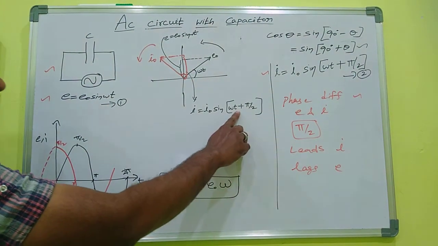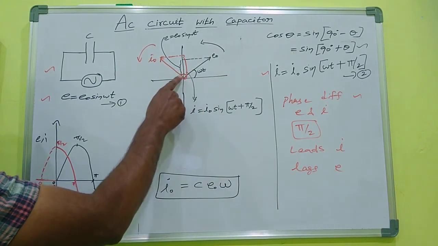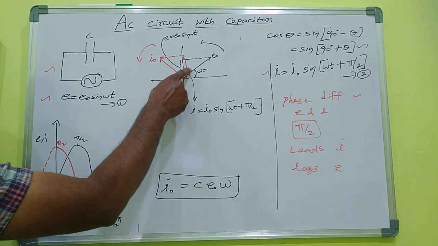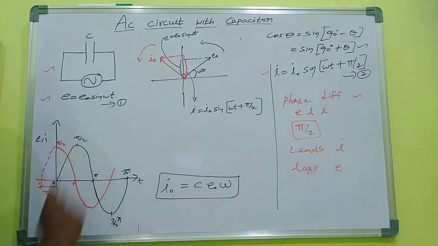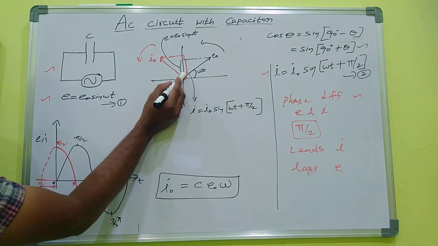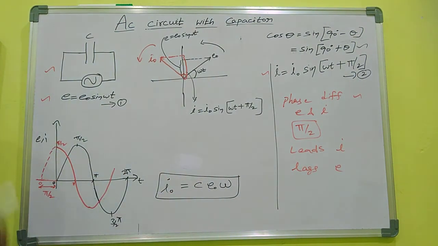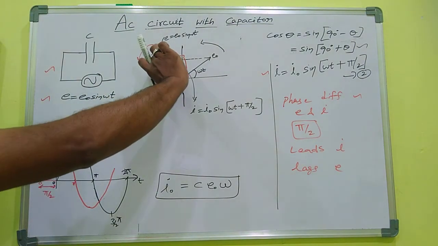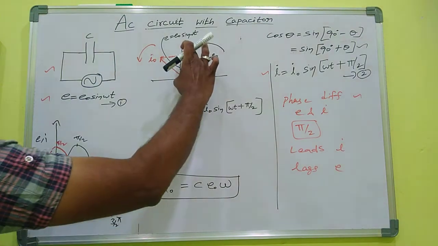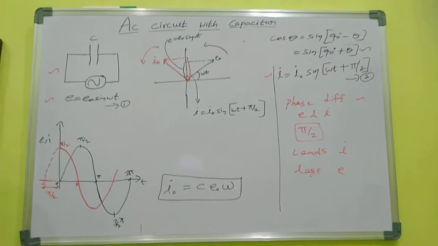At the time t, the current is at the phase of omega t plus pi by 2. Look at the perpendicular line, this is pi by 2. So omega t plus pi by 2 is the phase of the instantaneous current at that instant t. This length gives the value of I0, and this is I equal to I0 sin of omega t plus pi by 2. Okay, good.